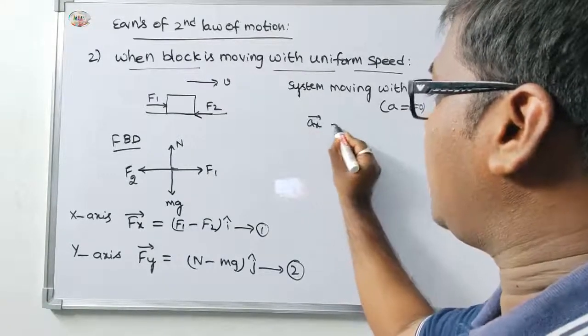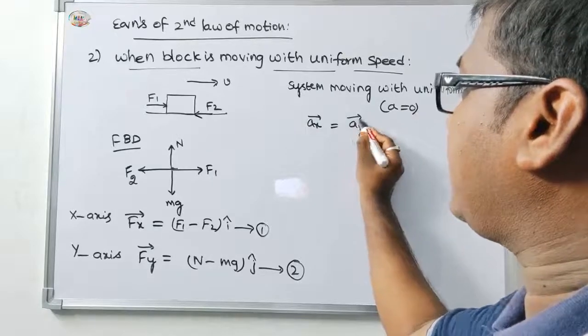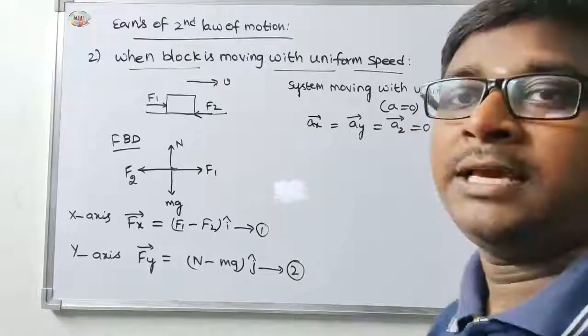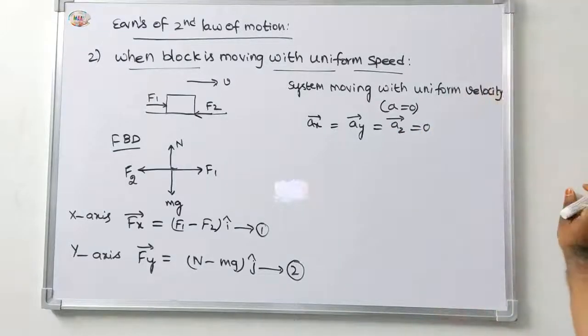Ax is equal to ay is equal to az is equal to 0.